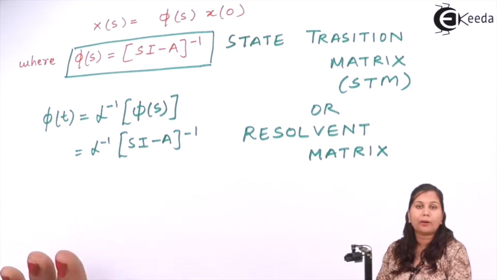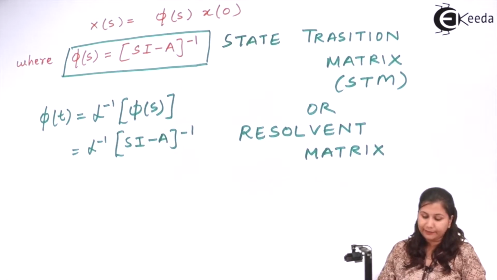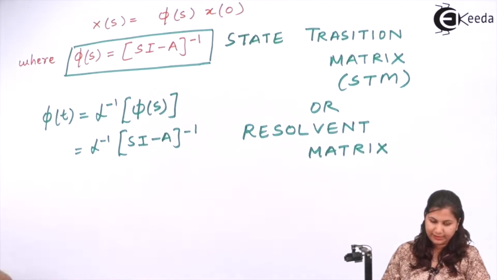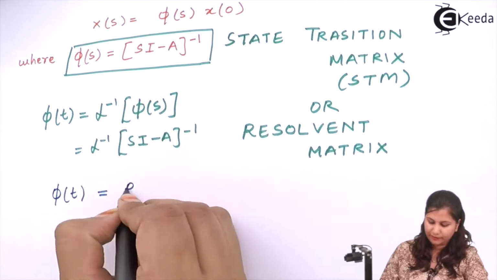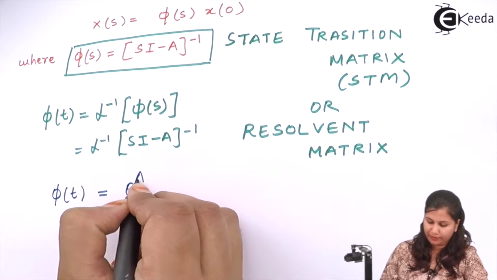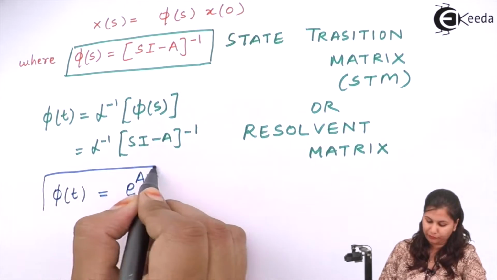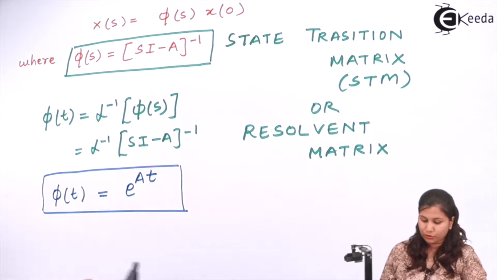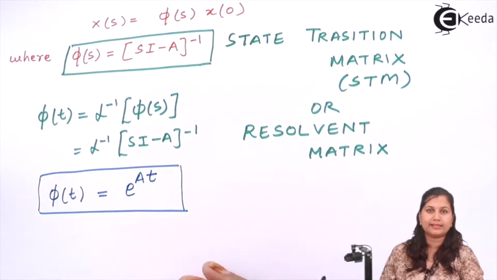If we take the inverse Laplace transform, this state transition matrix phi t comes out to be e raised to the power A t. This is another formula for the state transition matrix. There are some properties of this state transition matrix. Let us study those properties.